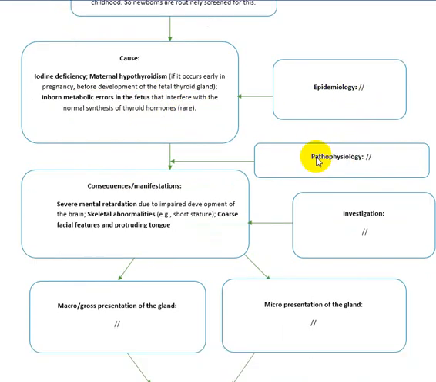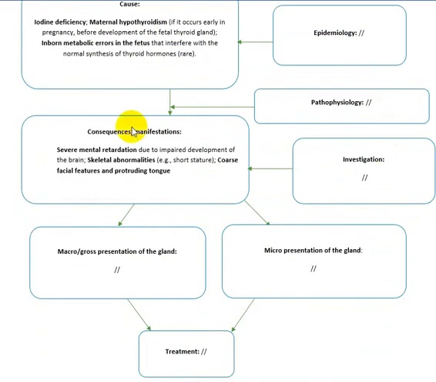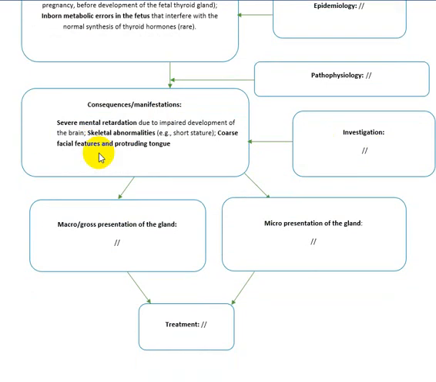Epidemiology and pathophysiology are not mentioned. Now the consequences of cretinism: when somebody is said to be a cretin, it implies severe mental retardation due to impaired development of the brain.